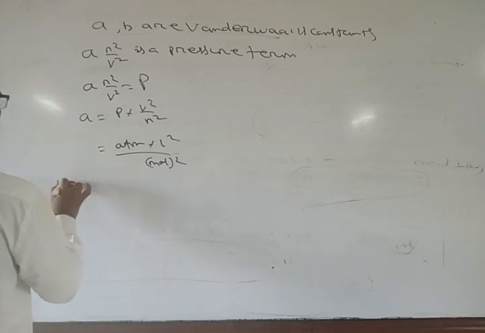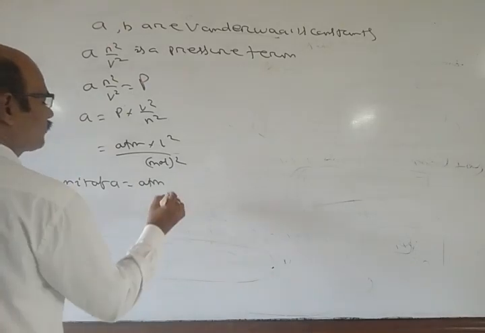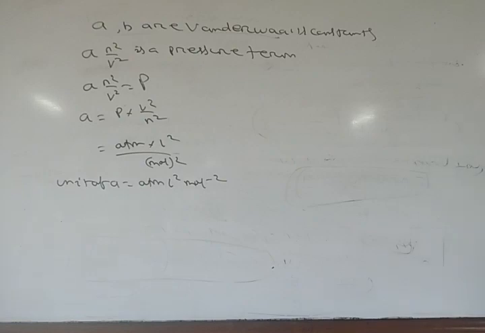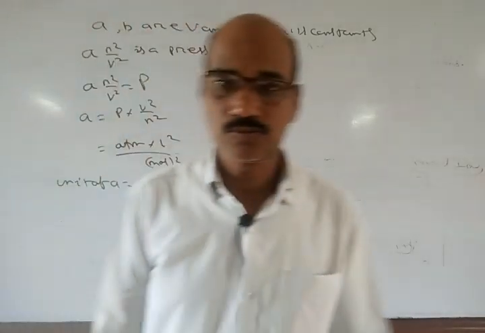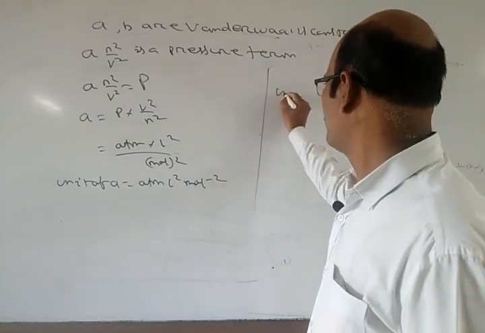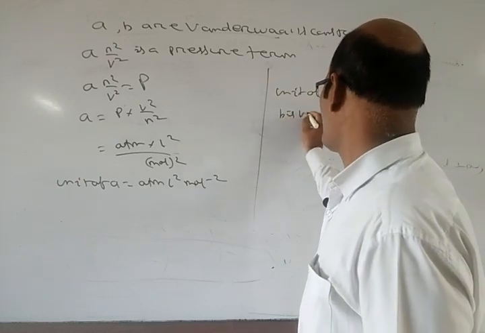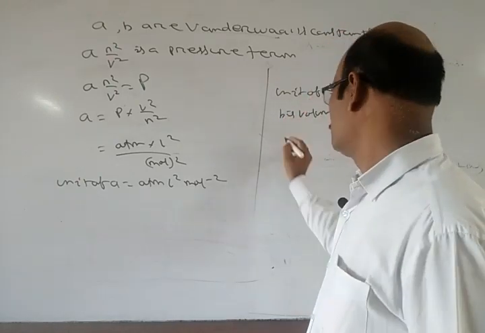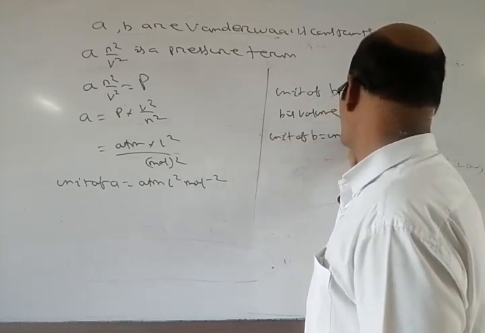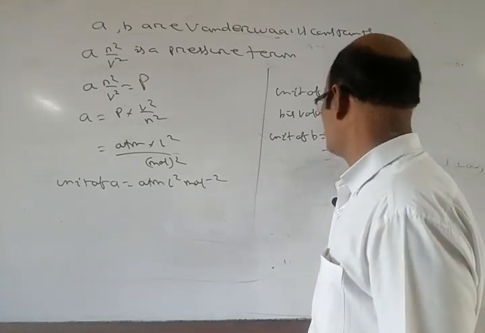So the unit of a equals atmosphere liter square per mole square. Similarly, b is a volume, so the unit of b is liter.